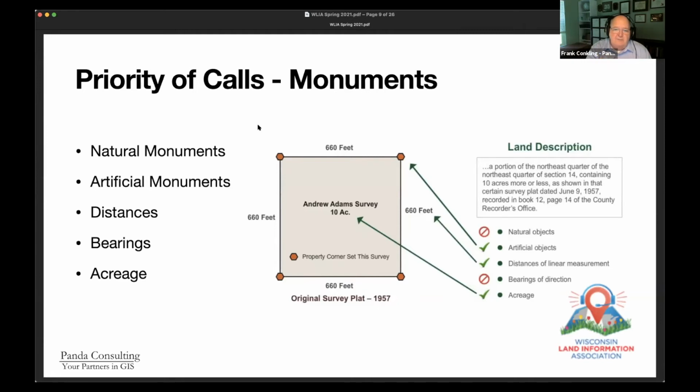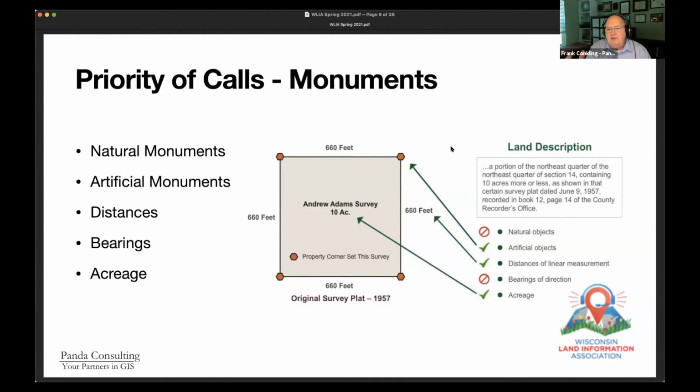So if we look all the way on the right, we have a legal description, a portion of the northeast quarter of section 14, containing 10 acres more or less, shown on that survey plat, dated June 9th, 1957, recorded in Plat Book 12, page 14 of the county's recorder offices. And if we start looking at all these monuments in that legal description, it points out certain monuments that we need to look at. The first thing is, are there any natural monuments here? No.